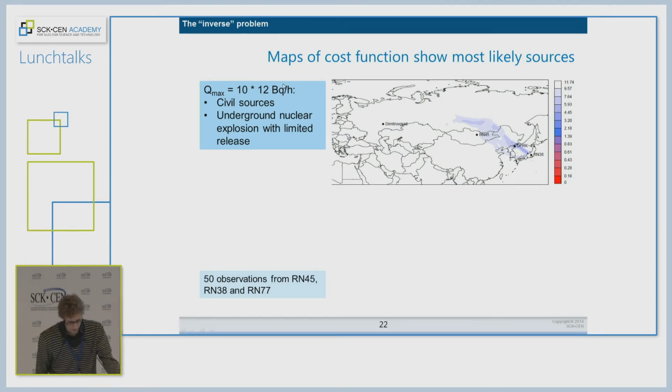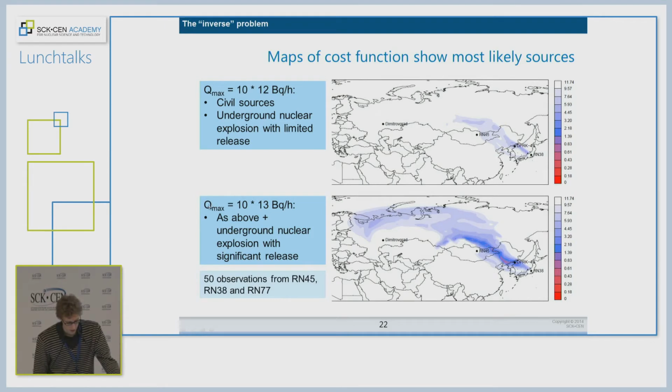If we assume a larger maximum allowed source term, we allow just the same sources as above, but in addition we allow also releases from an underground nuclear explosion with a significant xenon release. Based on the difference, we can see that we need this high source term to explain the observation.